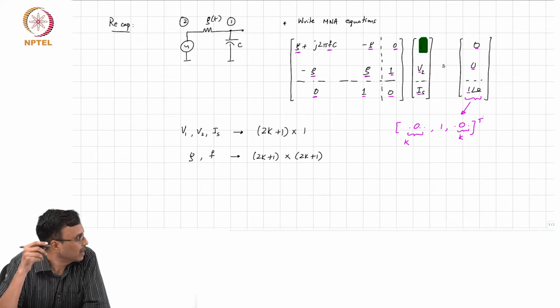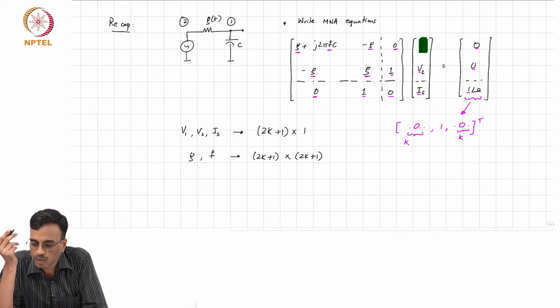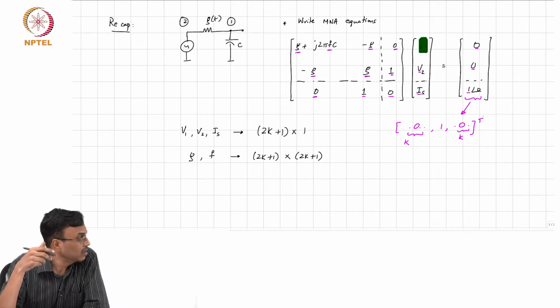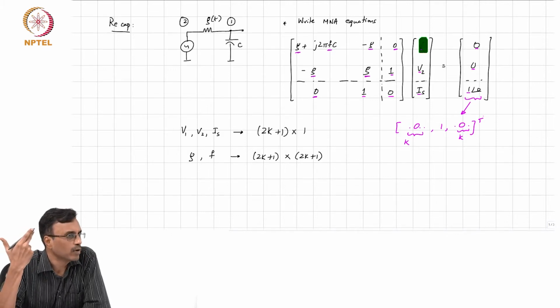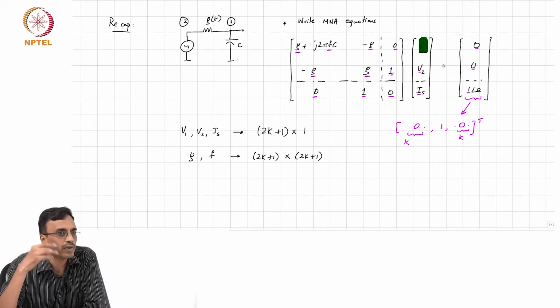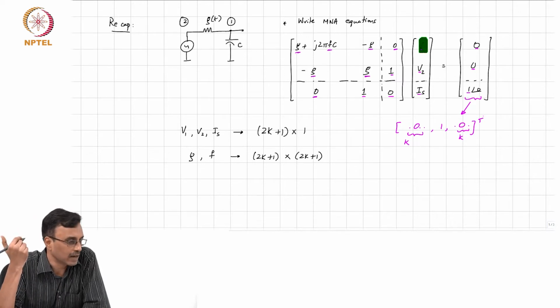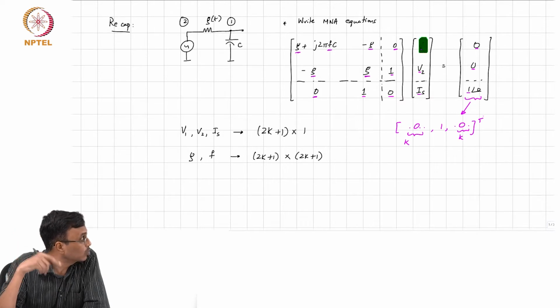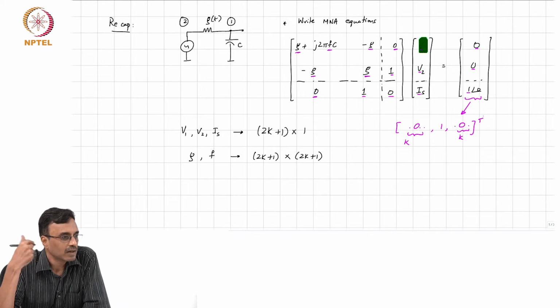right? And while this might be difficult to solve by hand, it is definitely pretty straightforward to solve by computer, in one shot, just like how we get all the transfer functions corresponding to all the branch voltages and the currents in the voltage sources.